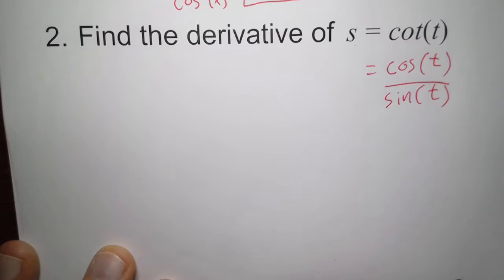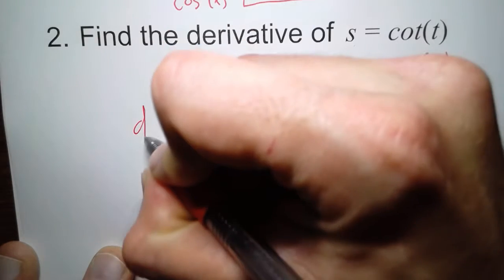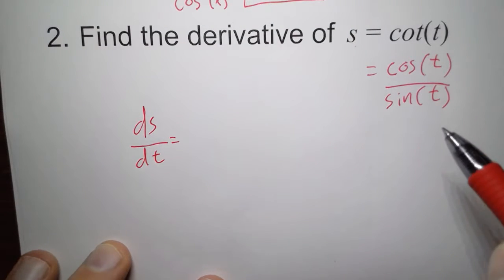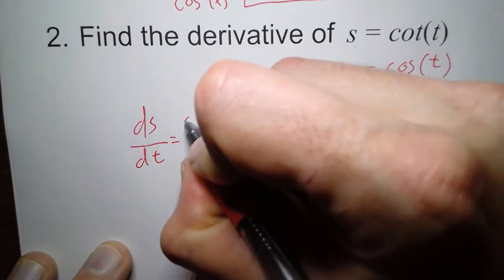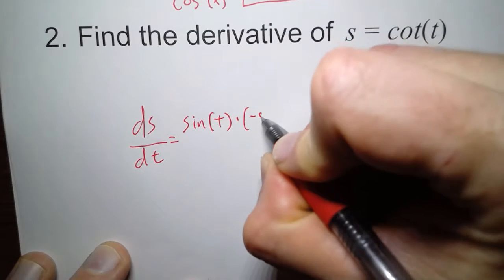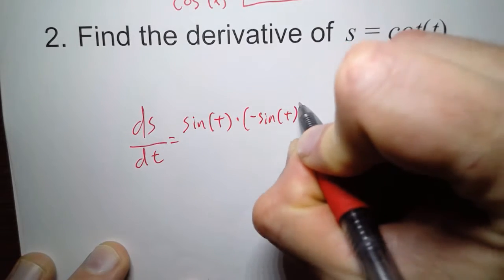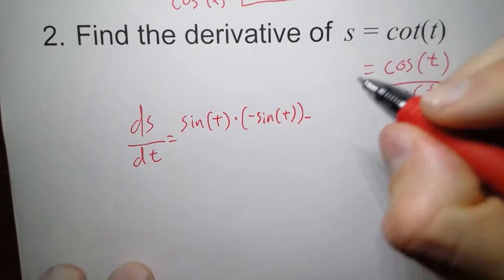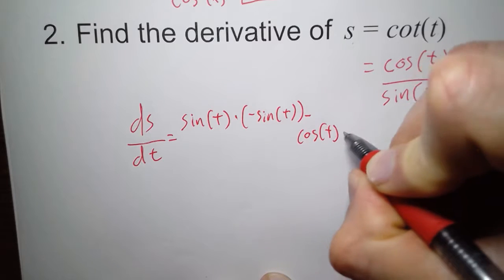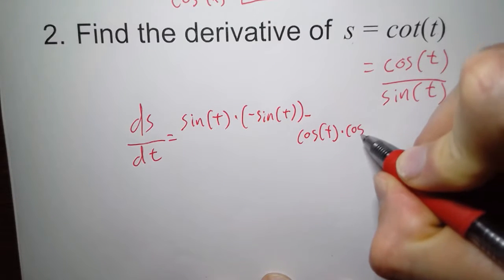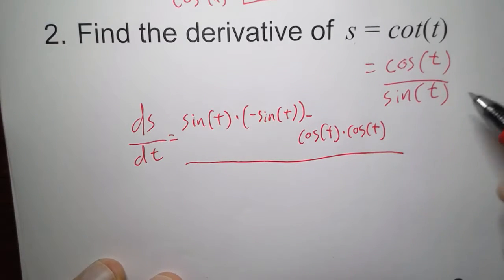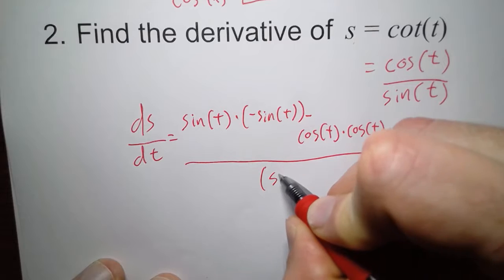So when we write the derivative, it's going to be ds/dt. So quotient rule says low d high, so sine of t times negative sine, that's the derivative of the top, minus high d low, so that's cosine of t times cosine of t, all over the denominator sine of t squared.